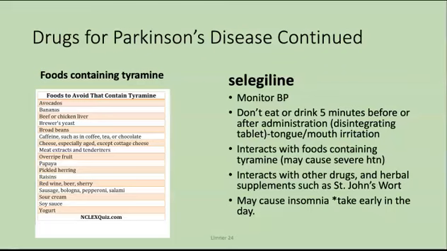Foods containing tyramine are going to be any fermented foods like your yogurts, your sauerkraut, soy sauce, sour cream, aged cheese, red wine, that type of thing. So you want to make sure that they're avoiding those things while they're taking this medication. You would also be looking at their blood pressure.